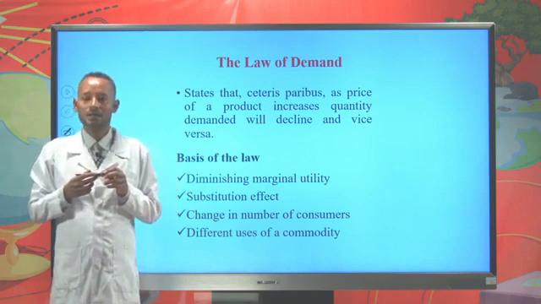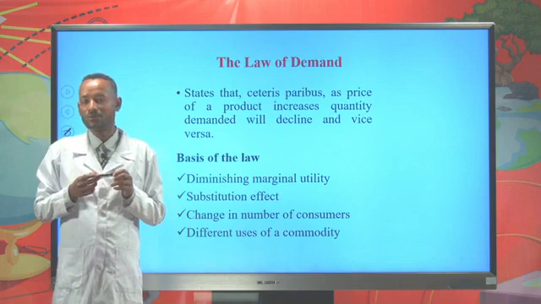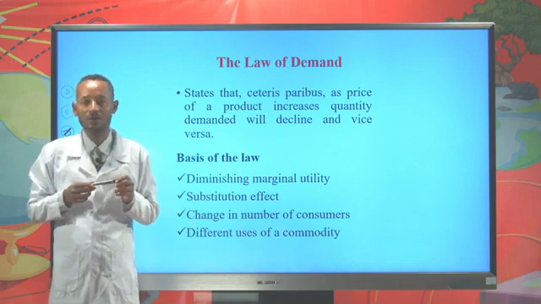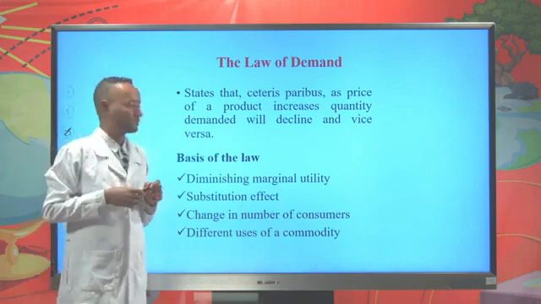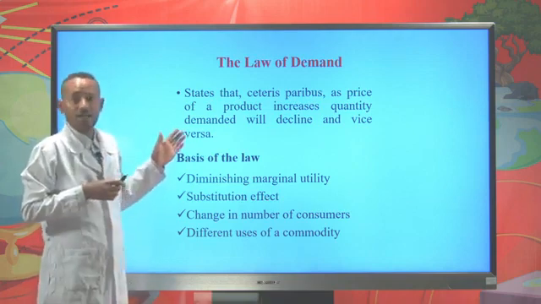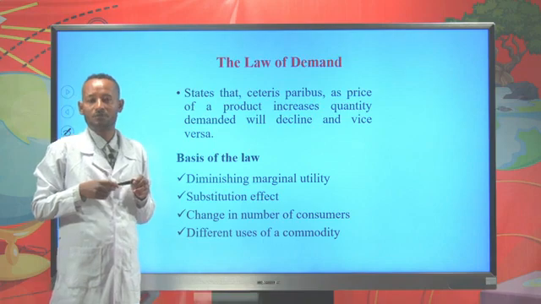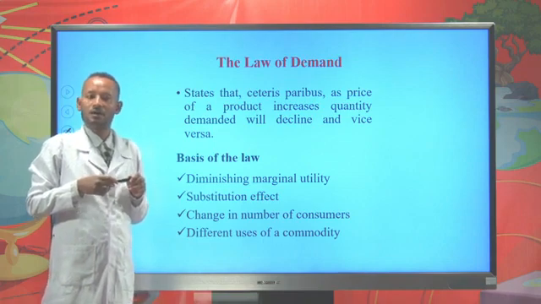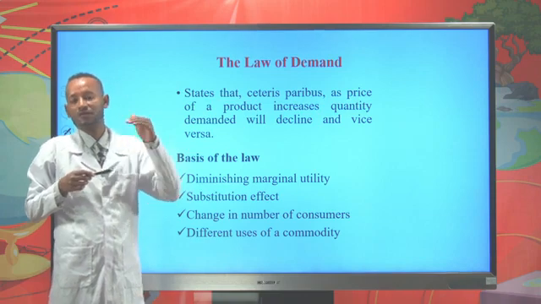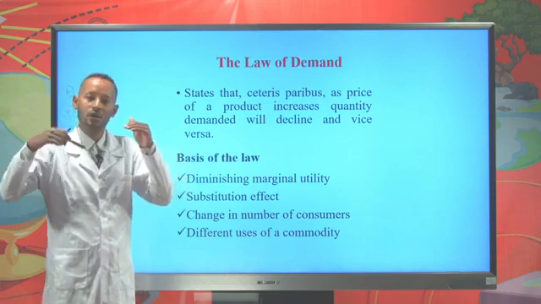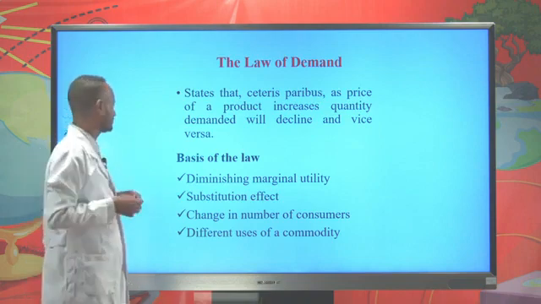With an increase in the price of an egg from $2 to $5, the quantity demanded for eggs will decline from 5 to 2. But this holds true only if there is no change in the income of the consumer. If there is a rise in the income of the consumer, even though there is a rise in the price of an egg, the quantity demanded for eggs may also increase.